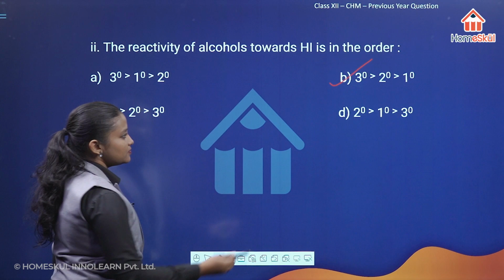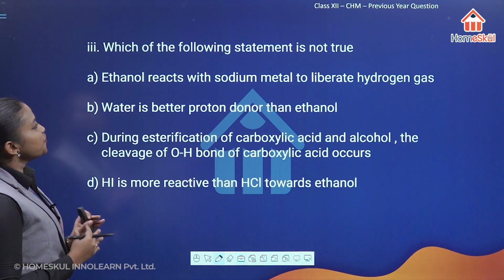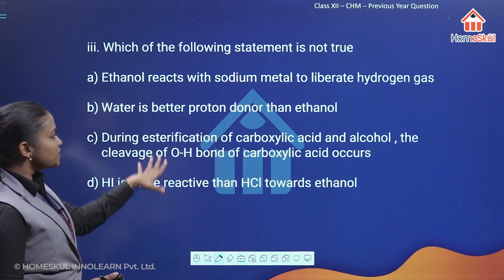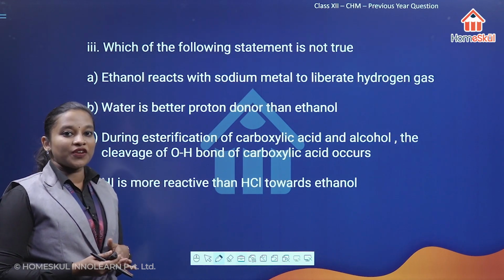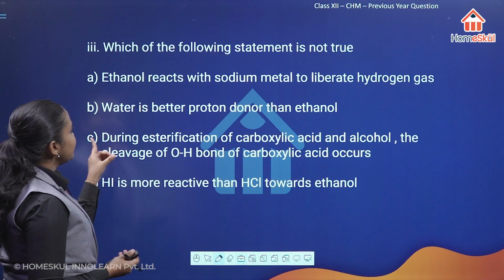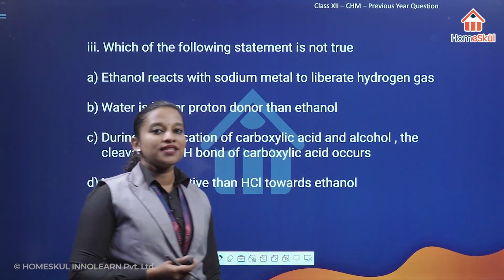Okay, now moving towards the next question. Which of the following statements is not true? We have 4 statements here. We have to check which of the following statements is not true. Let's see. First statement: ethanol reacts with sodium metal to liberate hydrogen gas.